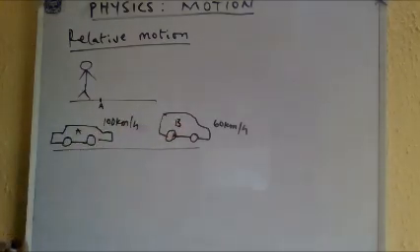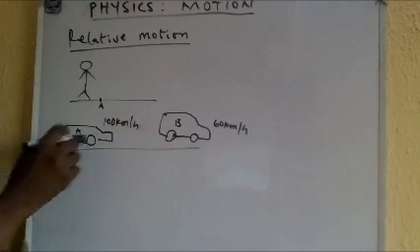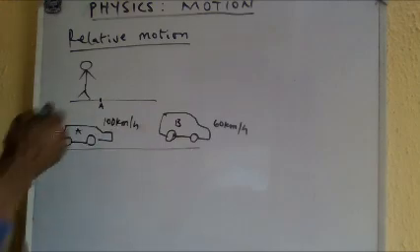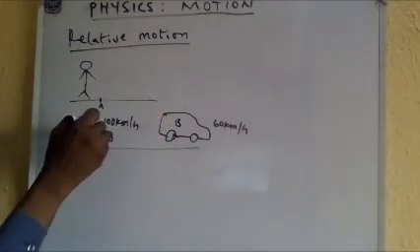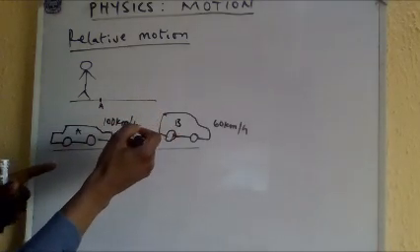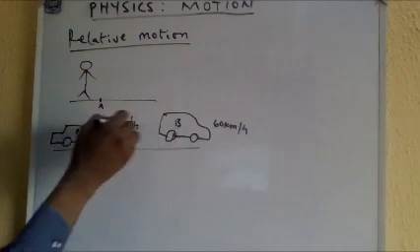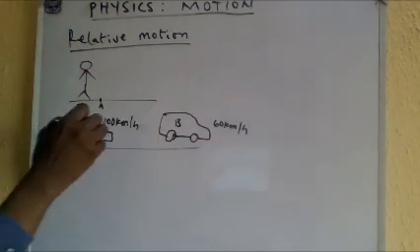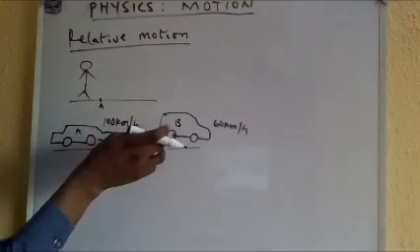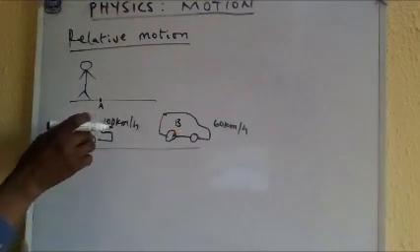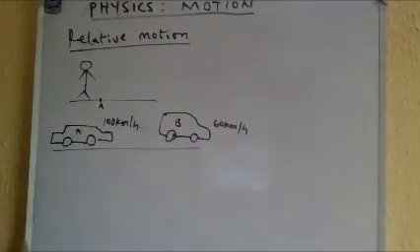Now, if you are inside car A, there's a way you are seeing the people inside the other car. It's as if you are coming close. So when your car goes past them, you see that there is a relative motion. You can describe the motion of this one relative to the other. Relative motion is just the motion of two bodies, one related to the other.